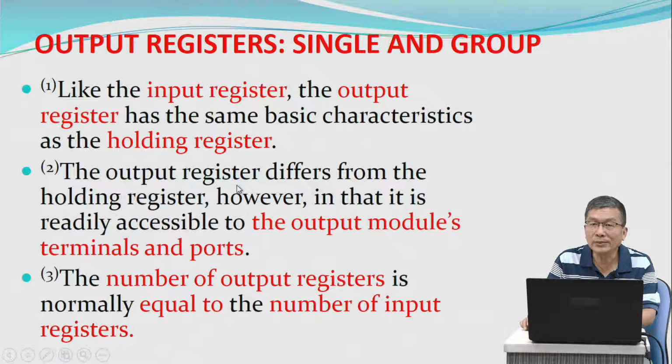The output register differs from the holding register, however, in that it is readily accessible to the output modules, terminals, and ports. The number of output registers is normally equal to the number of input registers.